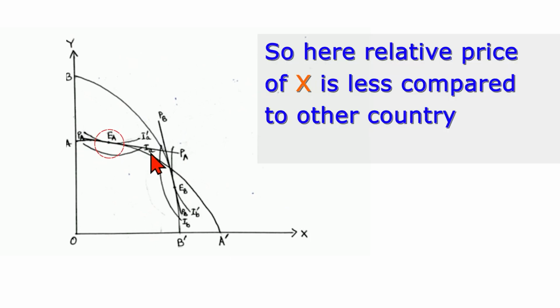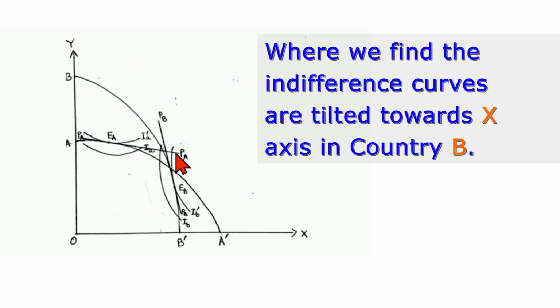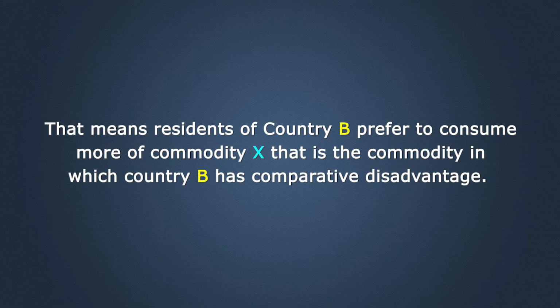So here the relative price of X is less compared to the other country, where we find the indifference curves are tilted towards the x-axis in country B. That means residents of country B prefer to consume more of commodity X, the commodity in which country B has comparative disadvantage.